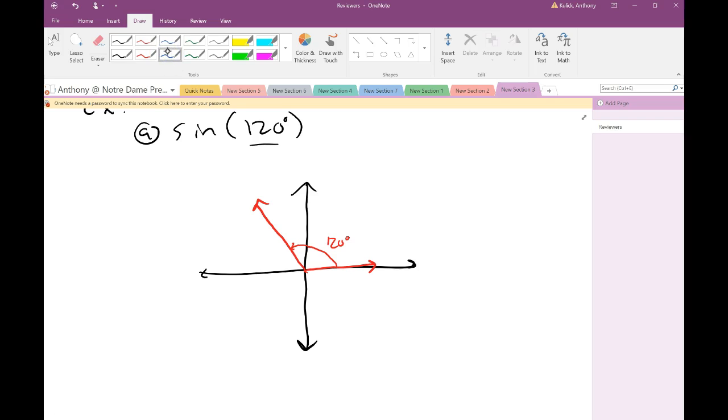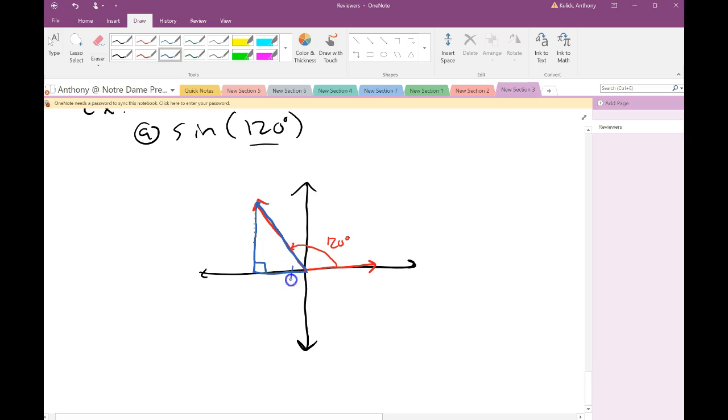And what I can do from here is I can draw a reference triangle. So when we draw a reference triangle, we're always going to draw from the terminal side down to the x-axis. And since we're drawing it straight down, I know that I'm creating a right triangle.